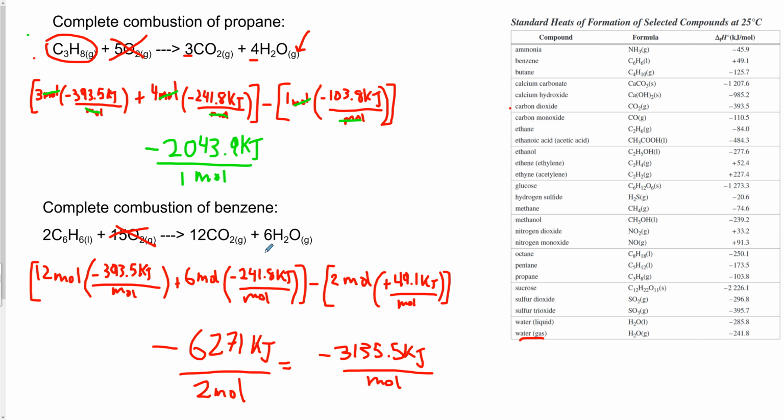There are also more examples in the book. Just keep in mind you're taking the coefficients and multiplying them by the energy cost of that molecule. And you always go products and add those up and then subtract all of the reactants. And remember, you get to cross off oxygen because it doesn't count.